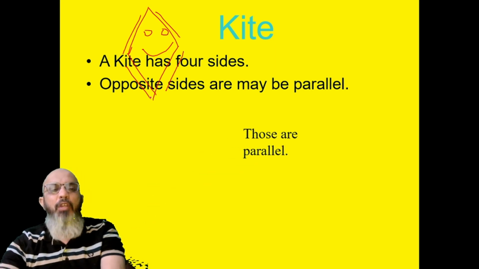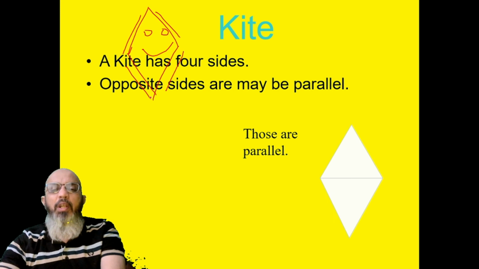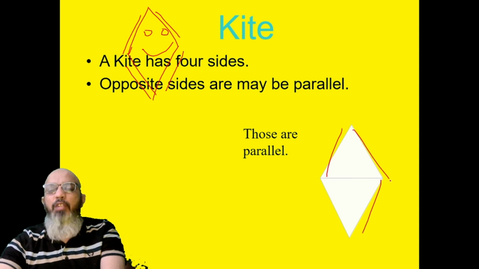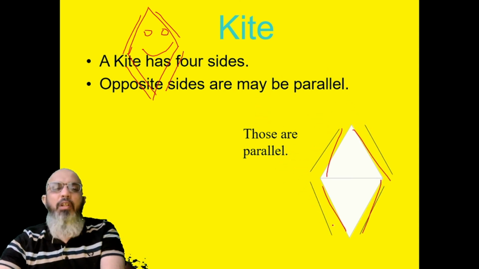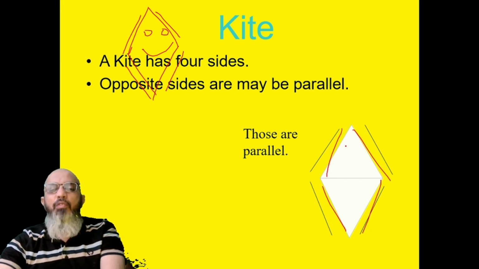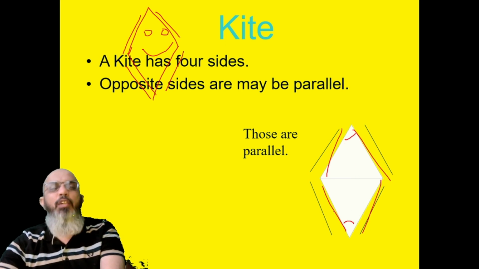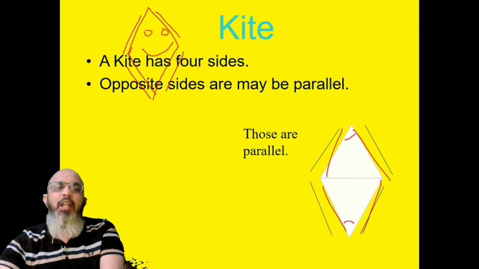That is a property of a kite. It has different properties, but it has a similar property to the parallelogram. It has two acute angles and two obtuse angles, as in the parallelogram.